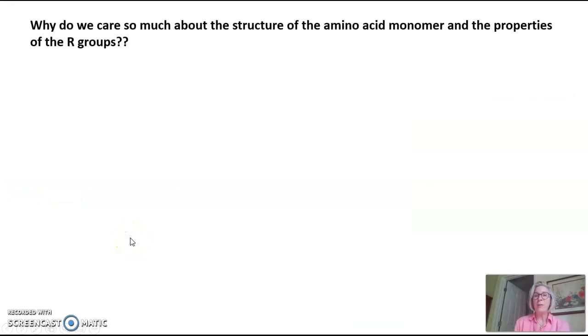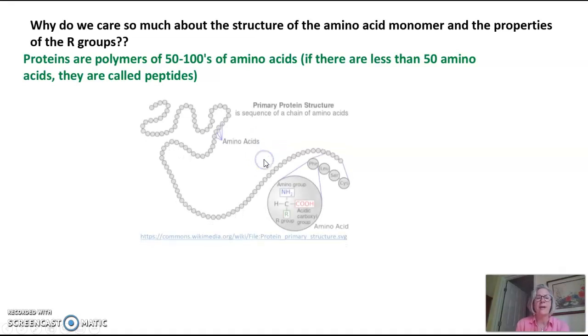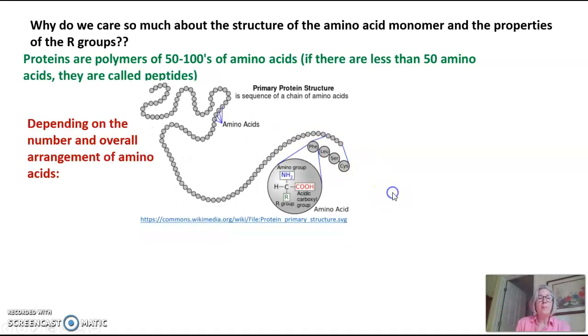Why do we care so much about the structure of the amino acid monomer and the properties of these R groups? Well, proteins are polymers of 50 to hundreds of amino acids. Little fun side note, if there's less than 50 amino acids, we call them peptides, but you can just call them a small protein. That's fine. So depending on the number and the overall arrangement of amino acids, the entire protein could be hydrophilic.